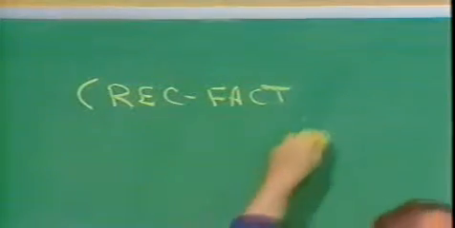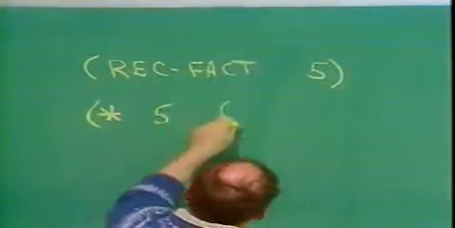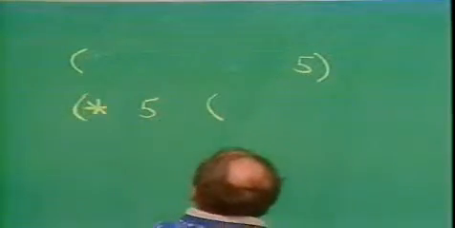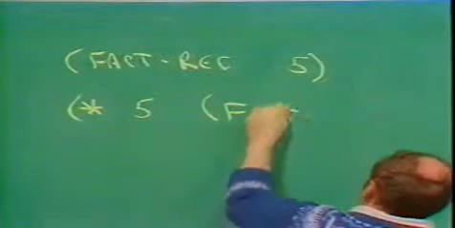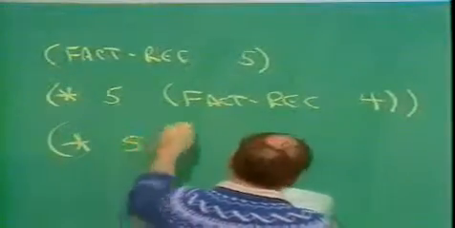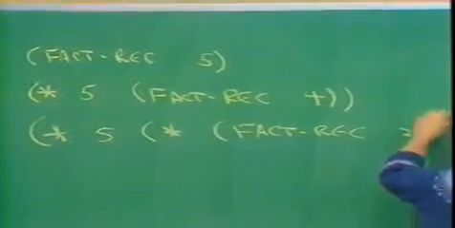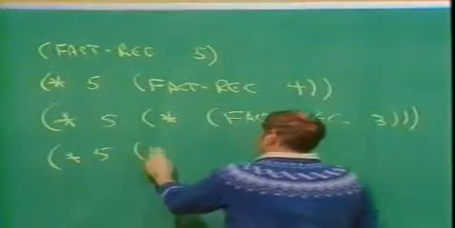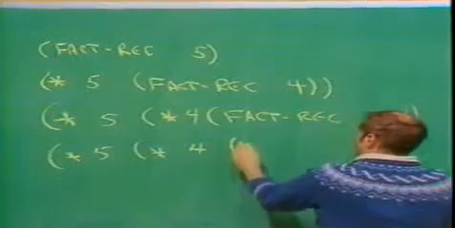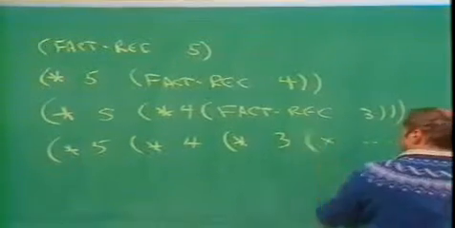Because if I say recursive factorial of 5, that turns into 5 times recursive factorial of 4, which turns into 5 times 4 times fact rec of 3, which turns into 5 times 4 times 3 times, and so on.